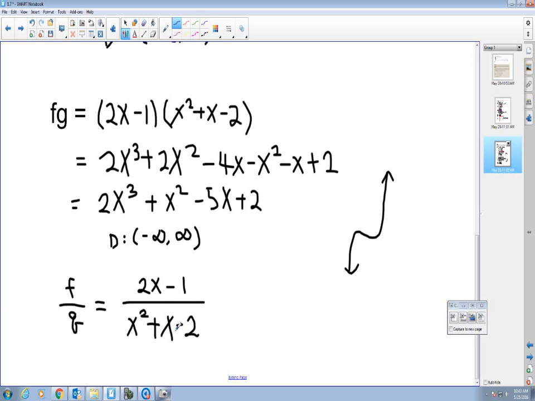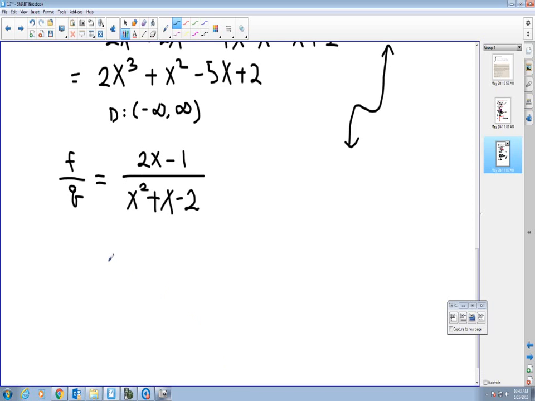I don't think, even if I could factor the trinomial denominator, that the top and the bottom will ever be able to cancel. Alright, so let's see what x cannot be in the denominator. X squared plus x minus 2 cannot equal 0.